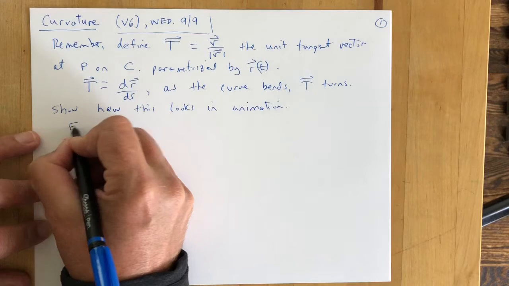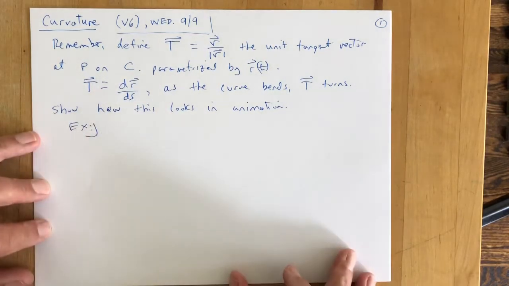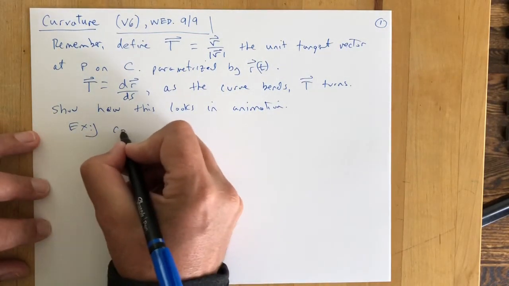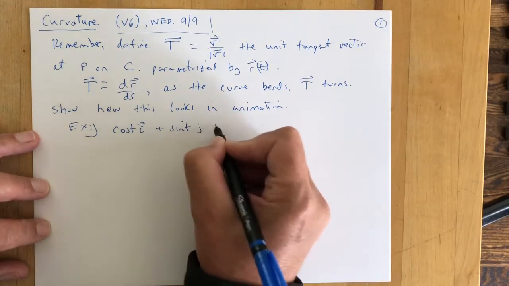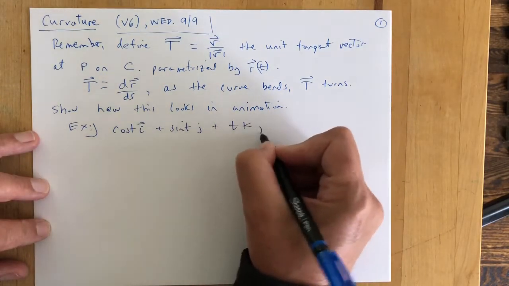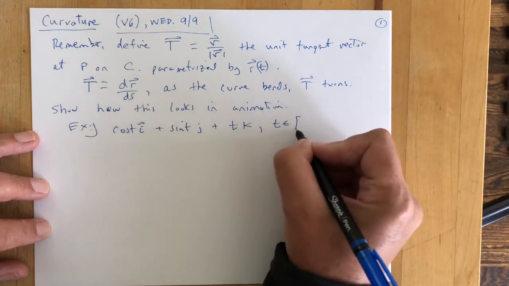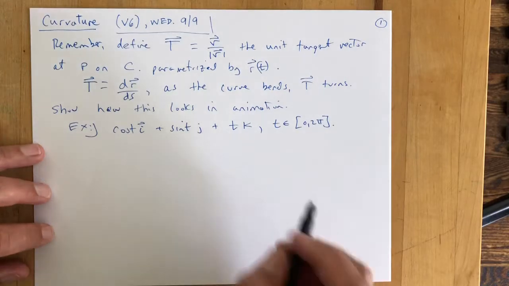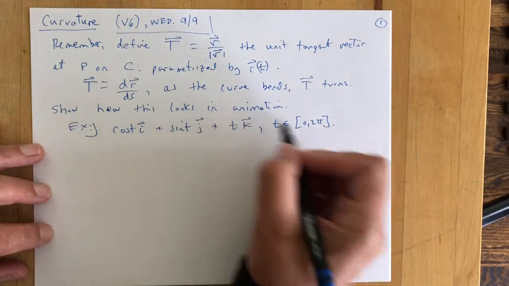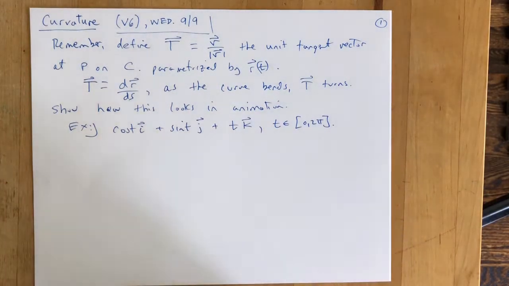And so the curve we're looking at here is the helix, our favorite. It's cosine t i plus sine t j plus t k. On the GeoGebra here, I graphed it from 0 to 2 pi, so you just get one turn of the helix, and we're going to see what it looks like when T moves along the curve on the points P.